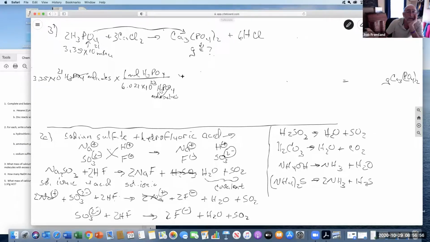All right. Now we have to get to calcium phosphate. So we're going to need to get to moles of calcium phosphate before we can get to grams. We can always get to grams from the molar mass, and you could even put in that step. The molar mass of calcium phosphate is 310.18.